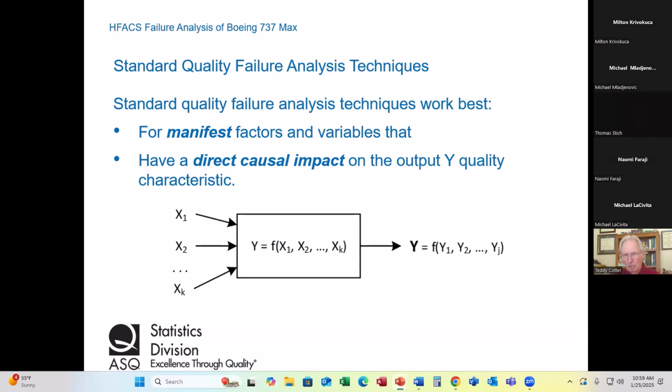So this is the typical transformation, the Six Sigma transformation. If you have a background in control theory, think of the Laplace transform process. So we have some inputs, x1 through xk.